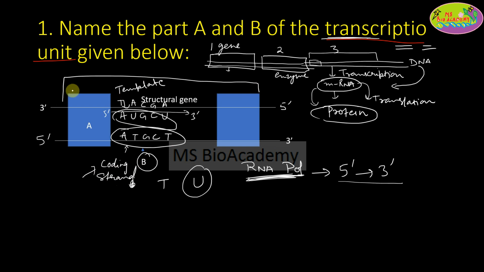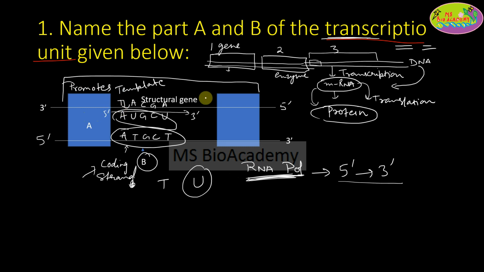And what are they? The first one, the foremost region where the RNA polymerase will come and bind. Because how does RNA polymerase know where to bind and where to start the transcription process? There must be some specific region in the transcription unit. That region is called the promoter. All right, so this is the promoter region where the RNA polymerase is going to bind.